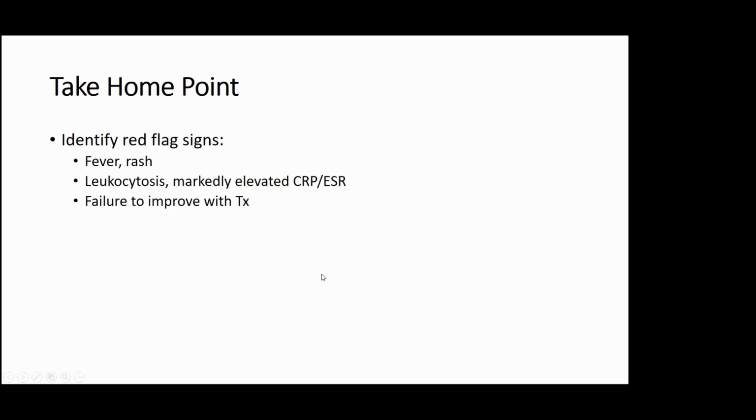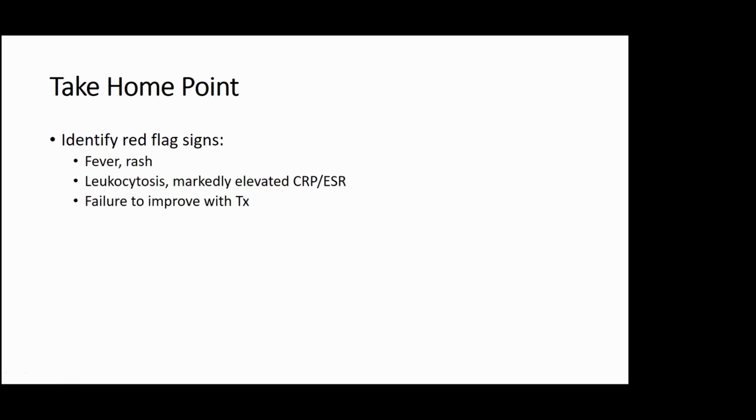Any patient with fever, rash, leukocytosis, markedly elevated CRP and ESR, or if the symptoms fail to improve with treatment, just like our patient, we need to be alert to whether this patient has a septic joint.